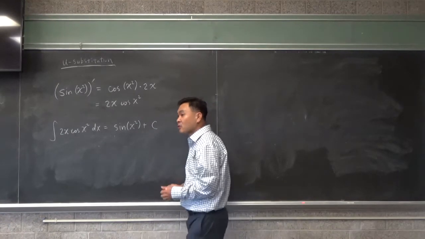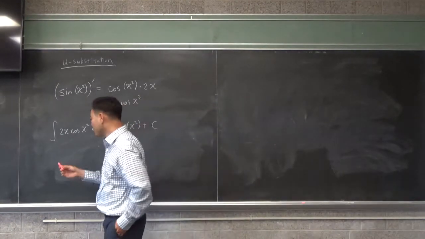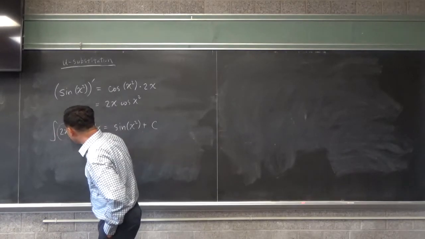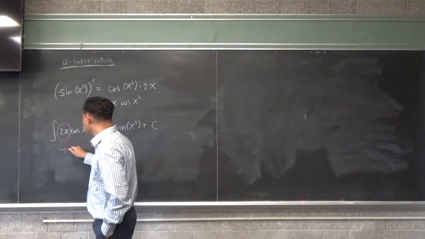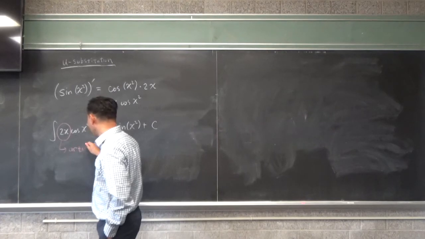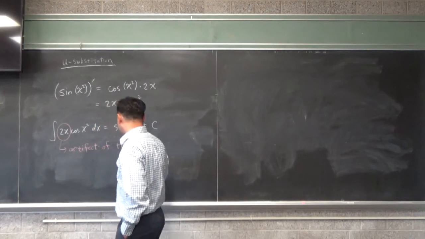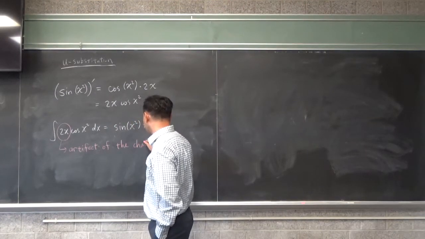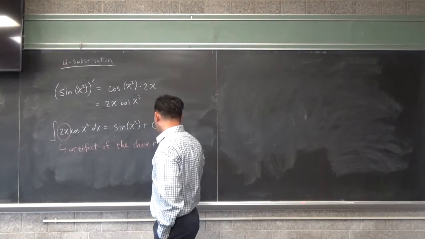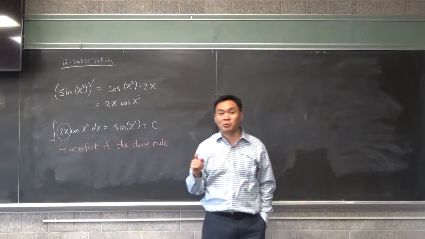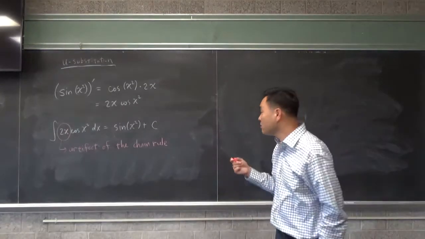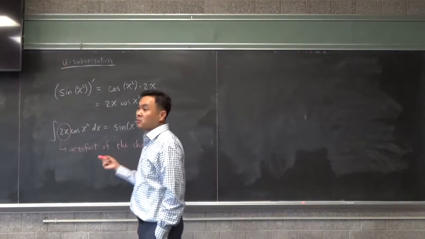Okay. So there's a word I like to use. I usually call this the artifact of the chain rule. And because these are artifacts of the chain rule that just suddenly appeared, when you undo the chain rule, they disappear.